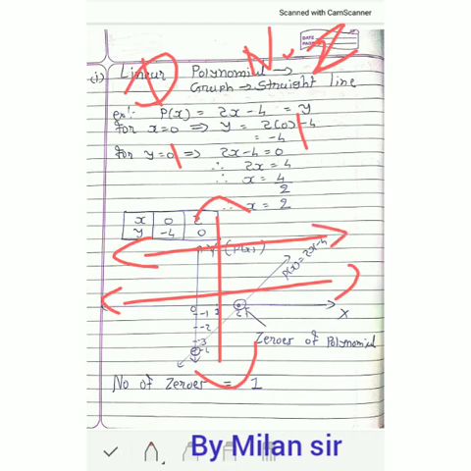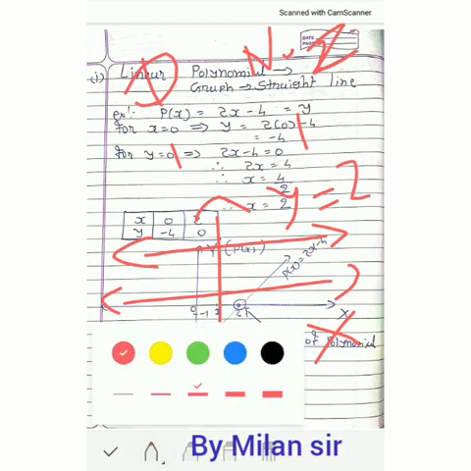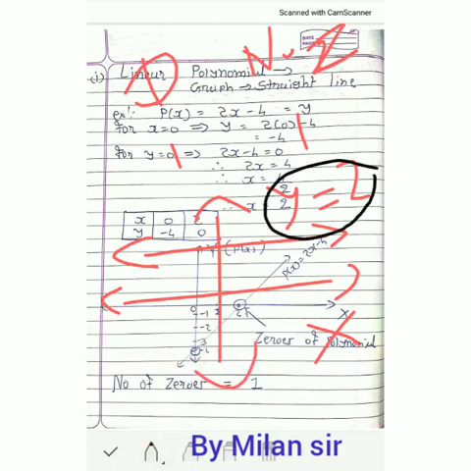Then it needs to become a line parallel to the x-axis, because a parallel line does not intersect the x-axis. So for the parallel line, what is the equation of this line? Means y is equal to some constant value, suppose 2. If you take this equation, y is equal to 2, then this becomes a zero polynomial.